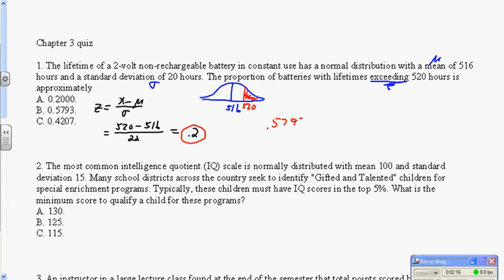Now this would be fine if we wanted the proportion less than 520, but we want exceeding. So we would take 1 minus that value to get the area to the right, which would then be 0.4207, or C.